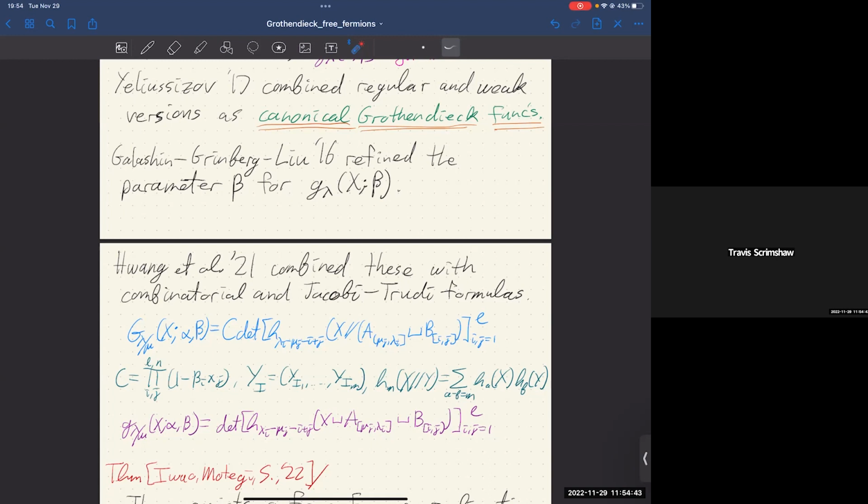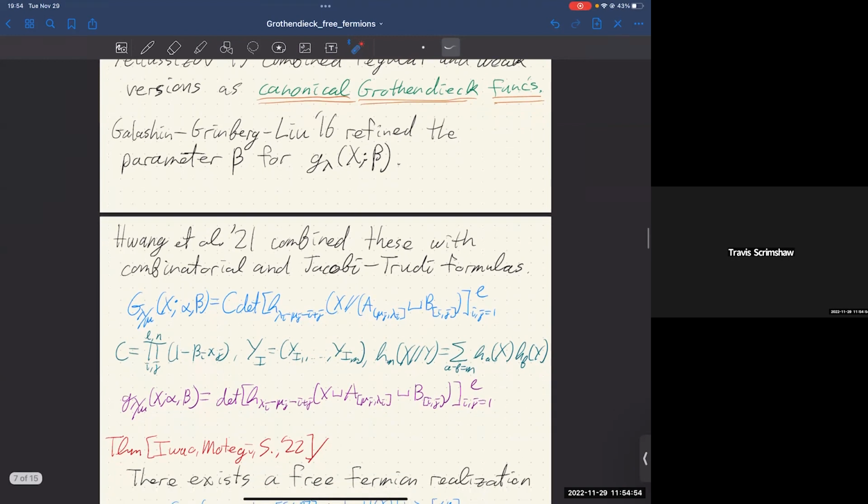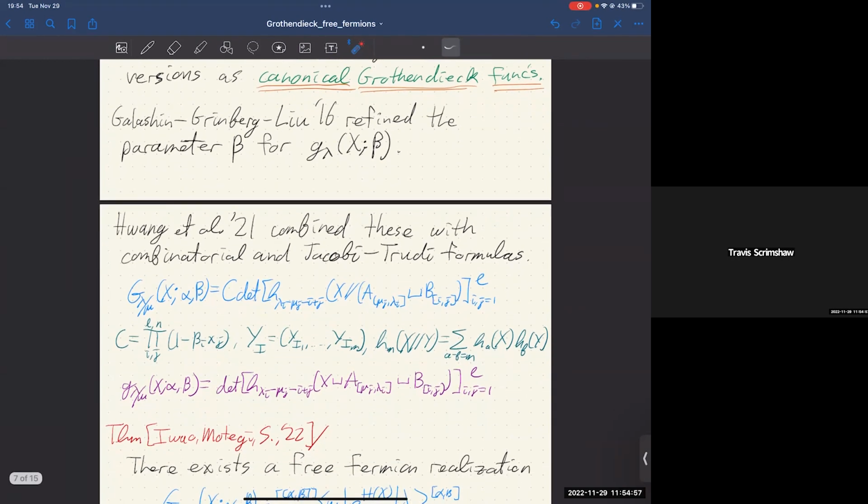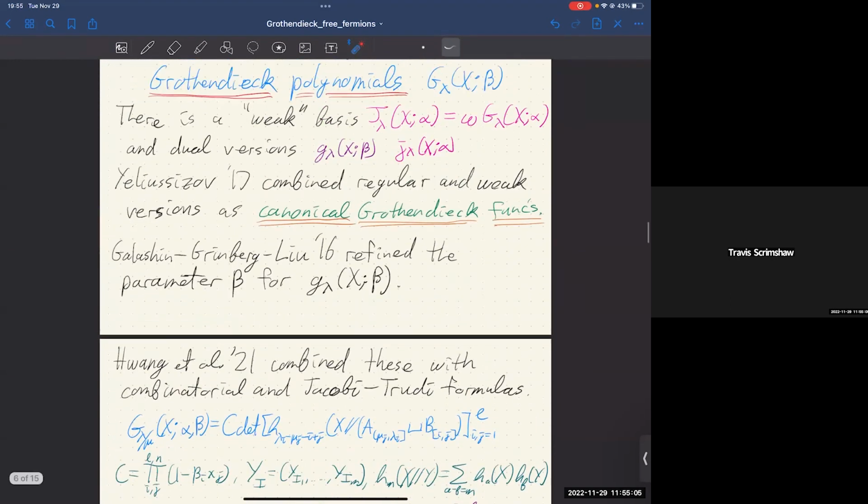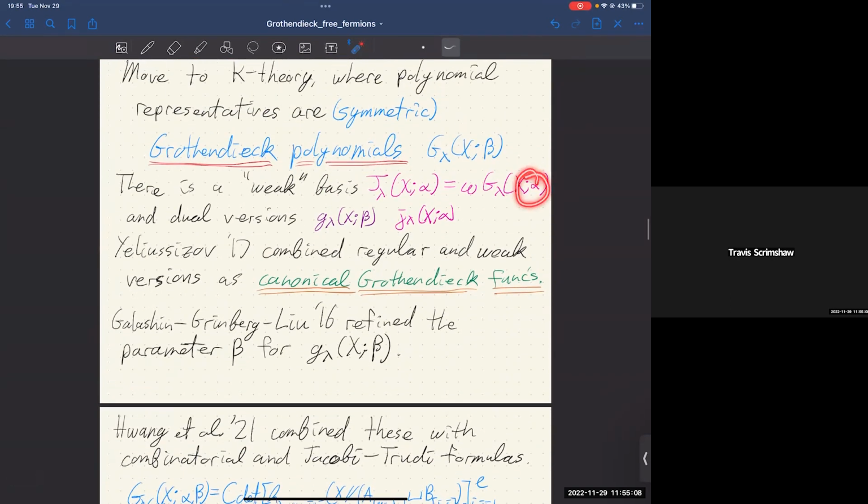And that's what Jung-Soo Kim and a bunch of his postdocs and students did in this paper from last year, where they looked at the canonical Grothendieck polynomials, fully refined the two parameters. So I have a parameter alpha that is telling me something about the weak basis, and a parameter beta that's telling me about the normal basis.